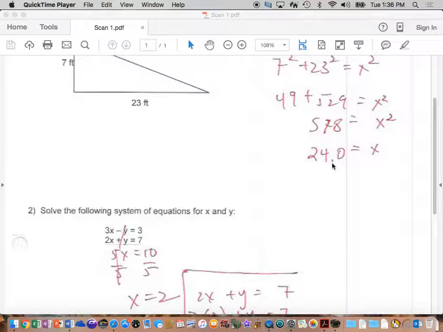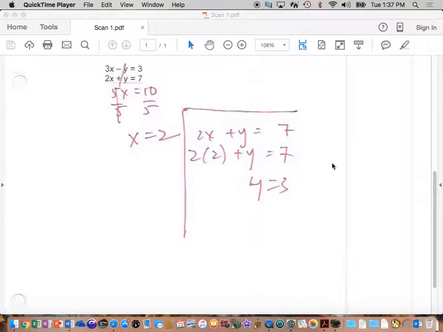Manny? You got 24.0 equals x, right? I got 24.0 feet. My dude, go up. I think you had 24. No. Maybe you didn't lose points on that one. Maybe you lost points on the last one. You'll have to show it to me afterwards. We'll see what's what. Maybe I couldn't read your handwriting. I don't know.